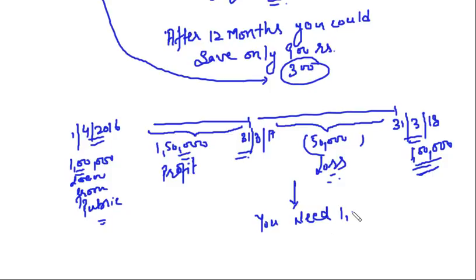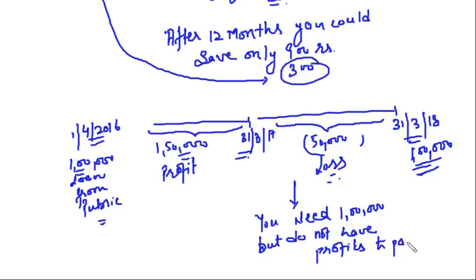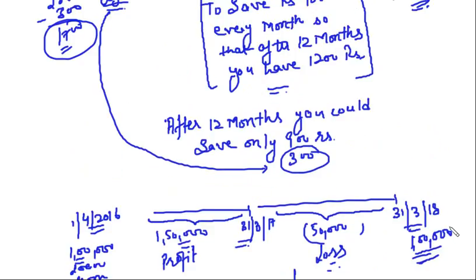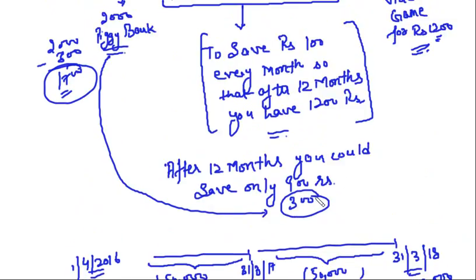You need 1 lakh rupees, but do not have profits to pay 1 lakh. You didn't earn the profits during this period to pay 1 lakh rupees. Similarly, so you are short by 1 lakh. Here you are short by 300 rupees.